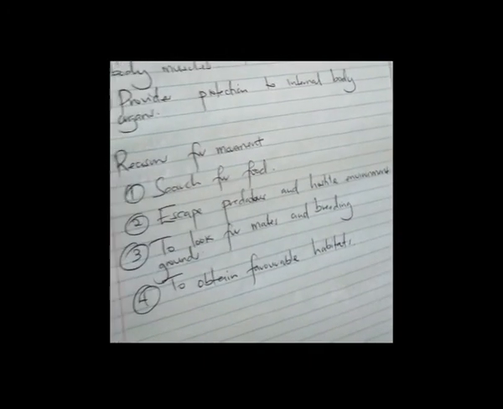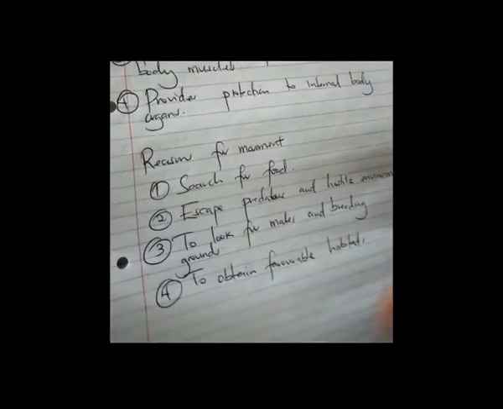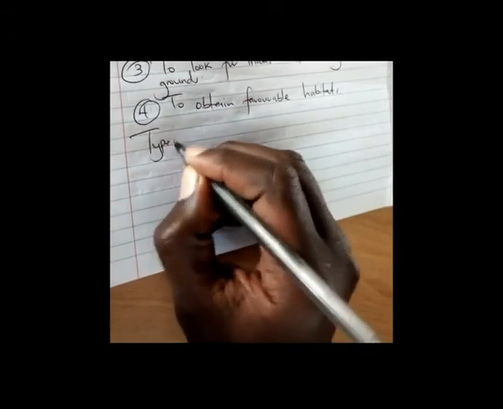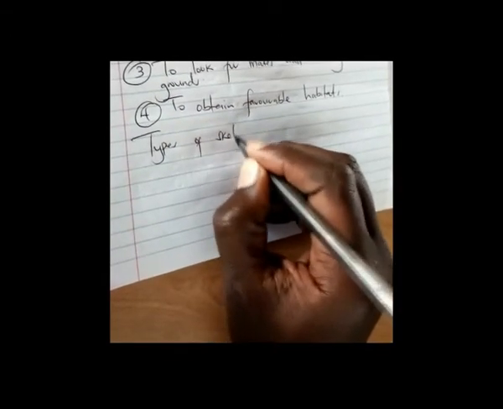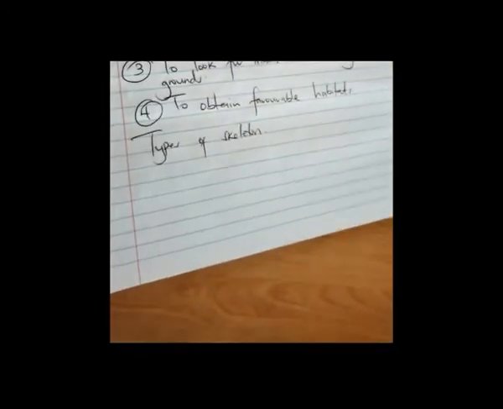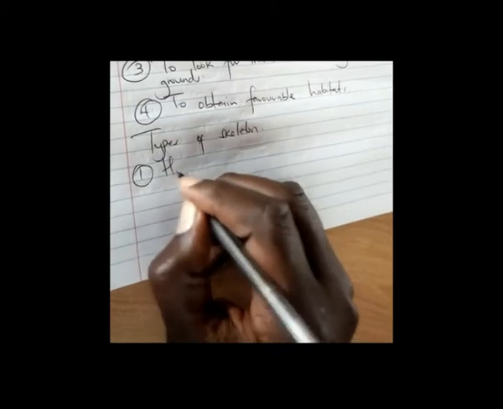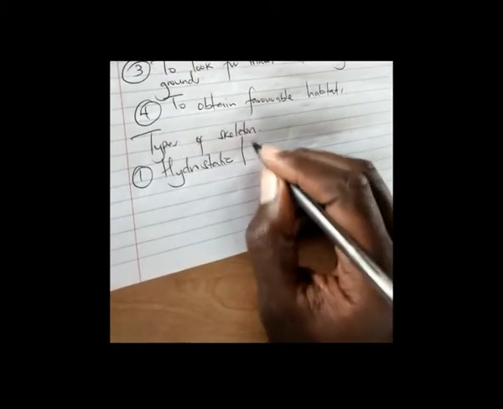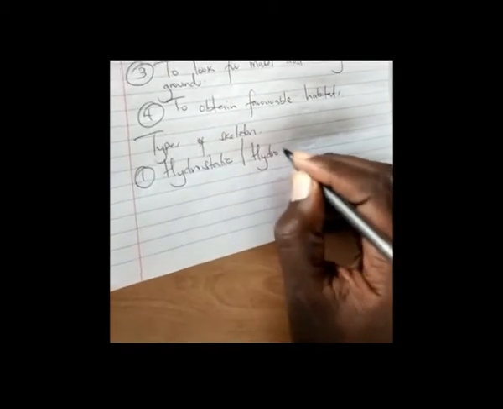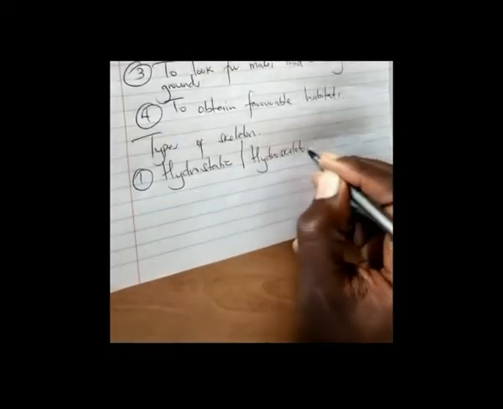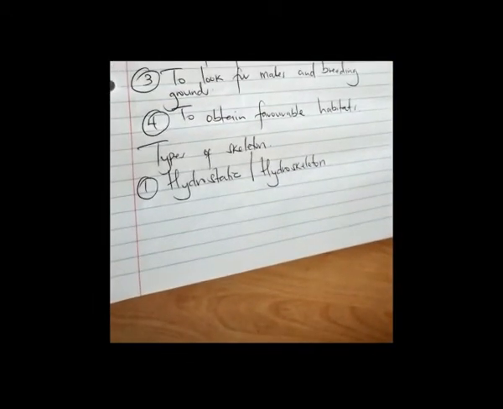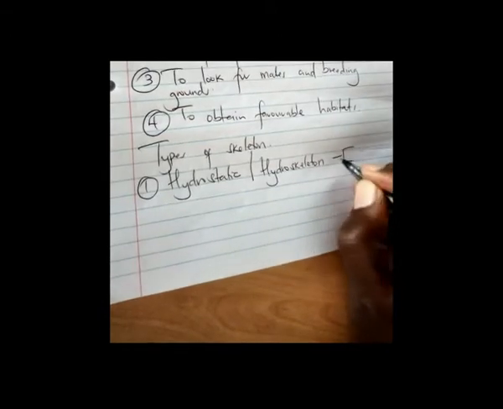Then the next part is the types of skeleton. Now, there are three types of skeleton. Number one is called hydrostatic, or you can call it hydroskeleton. Hydroskeleton is found in annelids.